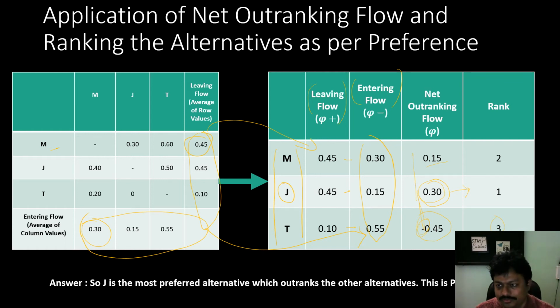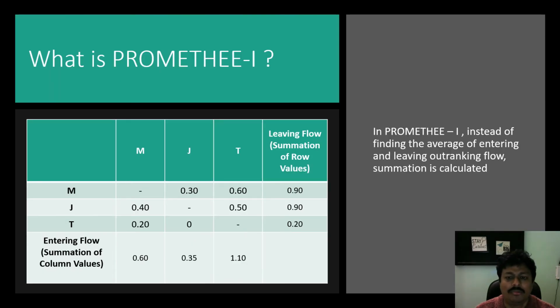But in case of PROMETHEE I, the older version, this is the newer version, PROMETHEE II. In the older version, we calculate the leaving flow and entering flow by adding the values of the aggregate preference function. So instead of averaging, we add.